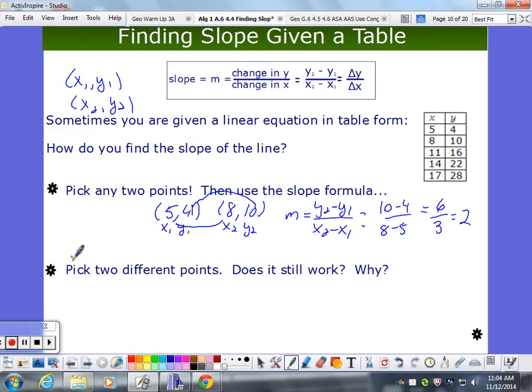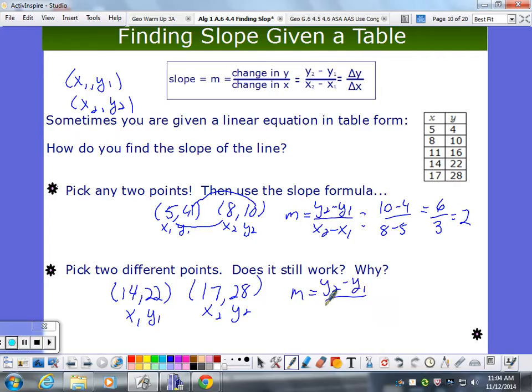Now, wait a second. What if I pick 2 other points? What if you didn't pick those? Does it work? Picking 2 other points, it doesn't matter which is x1, y1 and which is x2, y2. y2 minus y1 over x2 minus x1.